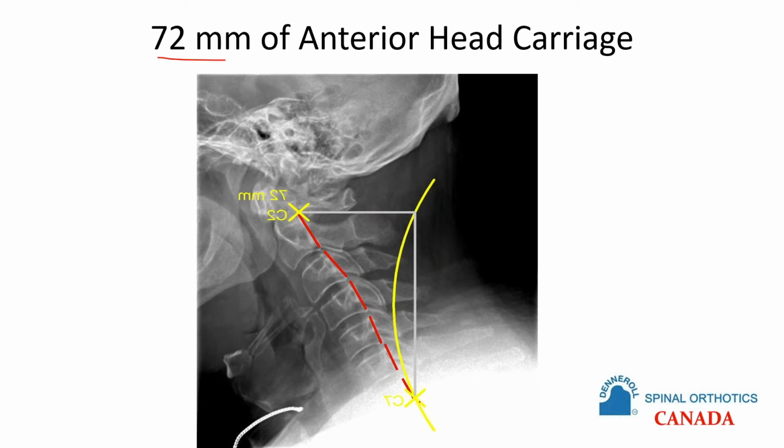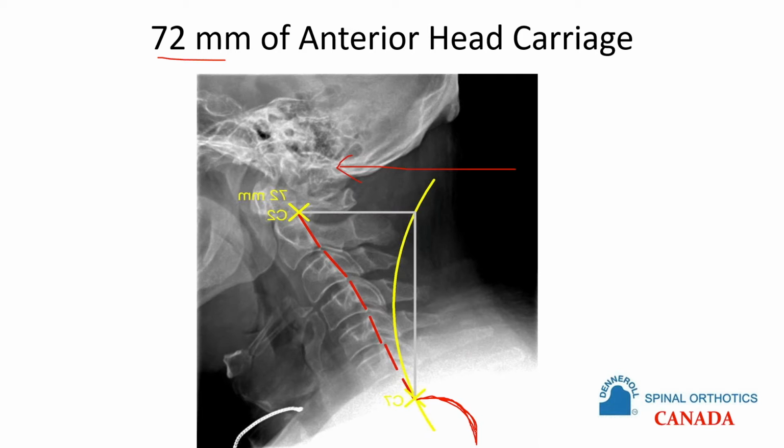In this case, if I was to take a lateral thoracic film on this patient, I would likely see a large rounding in the thoracic spine that would be quite responsible for pushing this head so far forward. In a case like this, what's unique about the cervical Denneroll is that it's also designed to increase or normalize the upper thoracic kyphosis, because you cannot have a normal cervical curve without having a normal thoracic kyphosis.